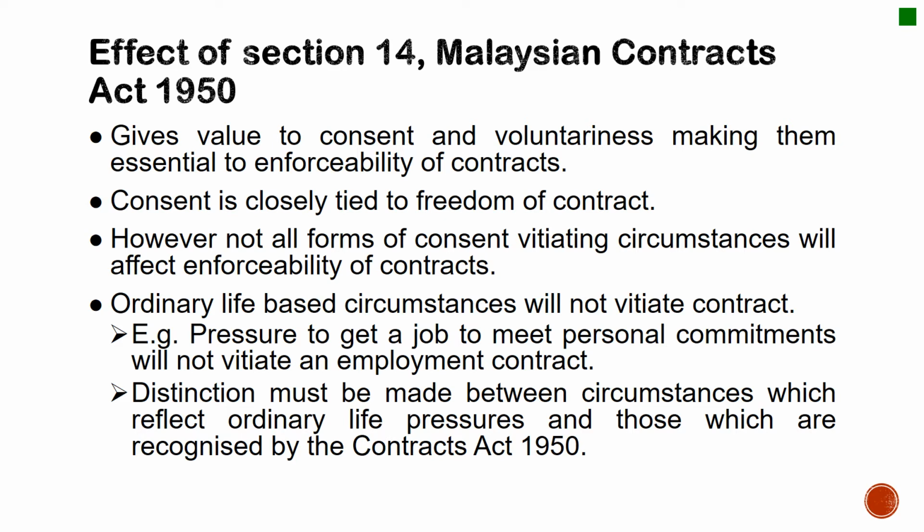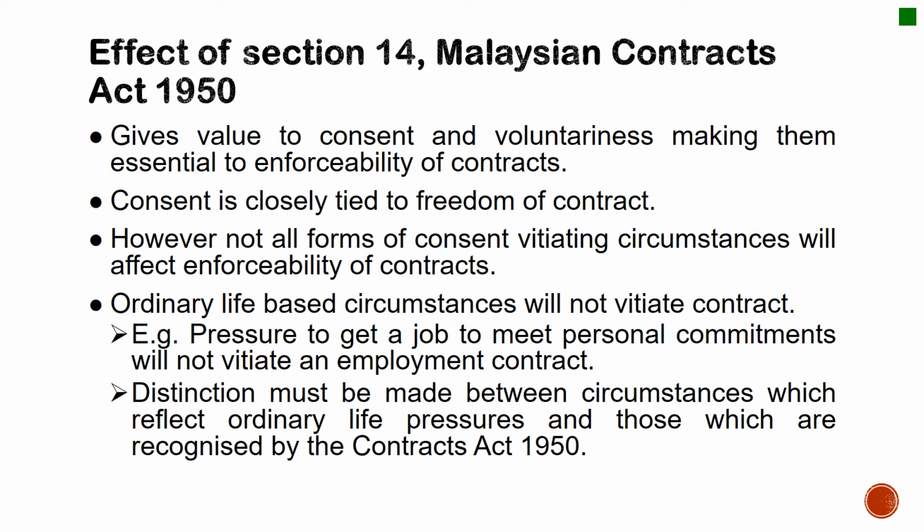So the effect of Section 14 here is that it gives value to consent and voluntariness. And consent we can also see is tied very closely to freedom of contract. But not all forms of consent vitiates a contract or the enforceability of contract.